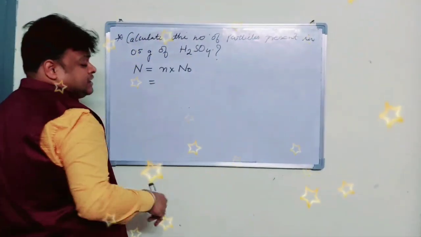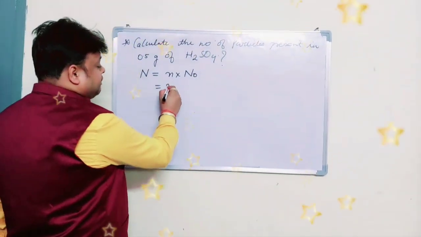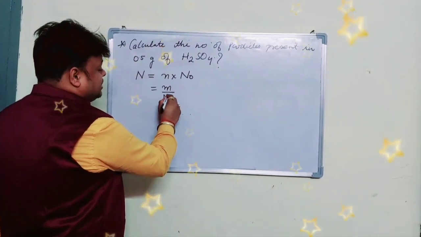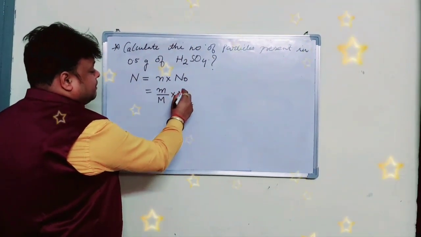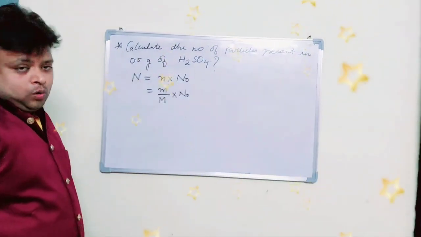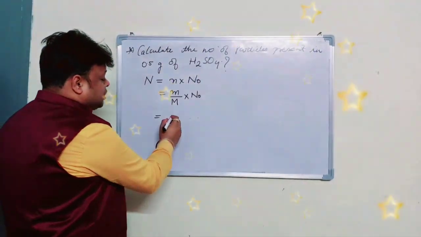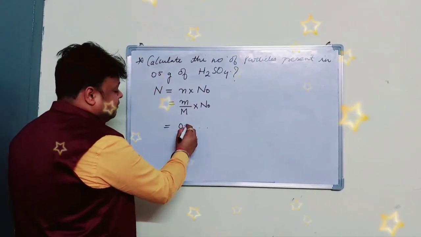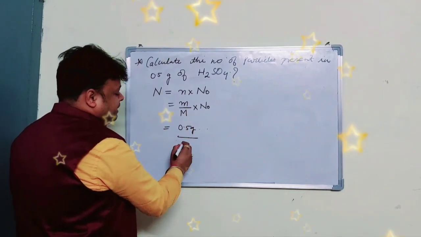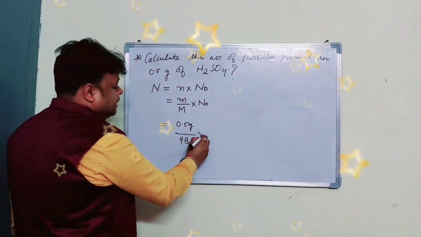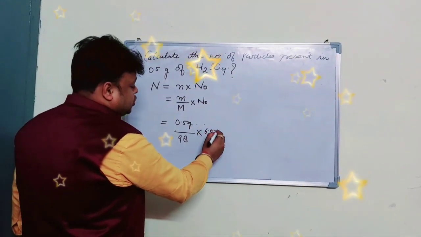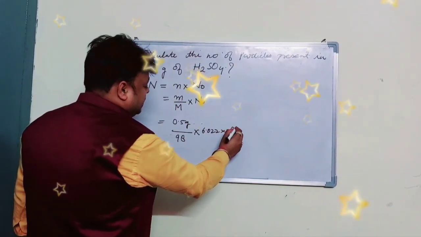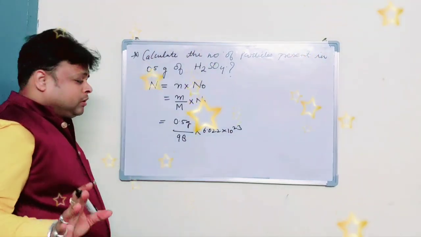Small n we can simplify by putting the value of small m upon capital M, then multiply it with N0. Now the mass m is 0.5 grams, capital M is 98 u, then N0 is 6.022 into 10 power 23, right? इतना समझ में आ गया आप लोगों को ना?